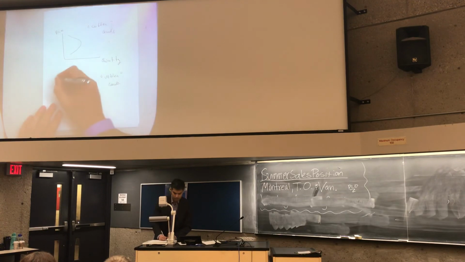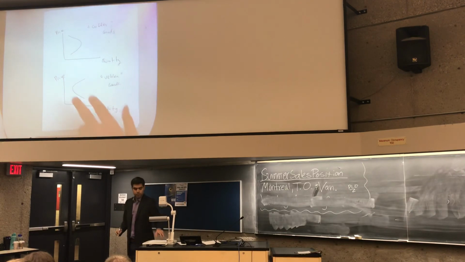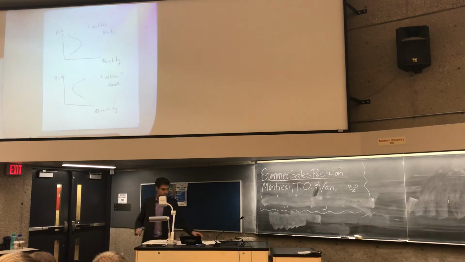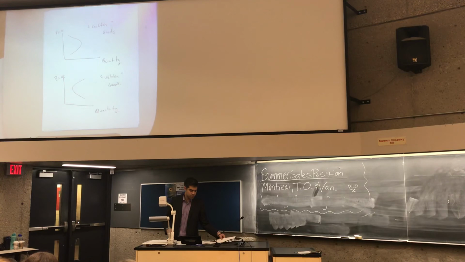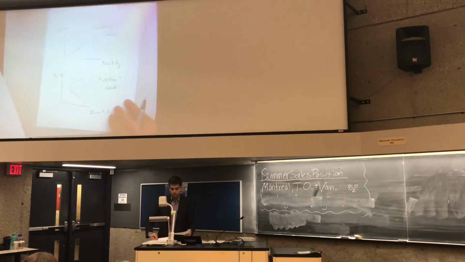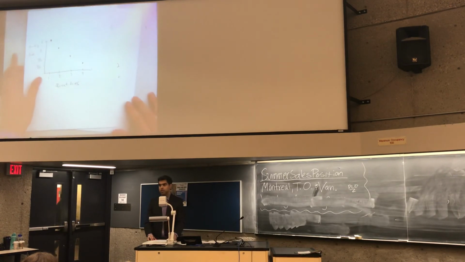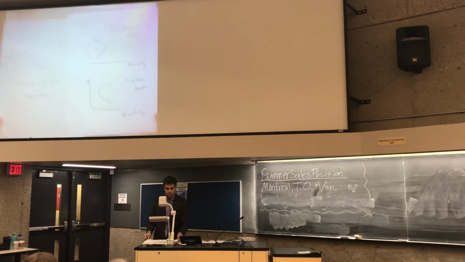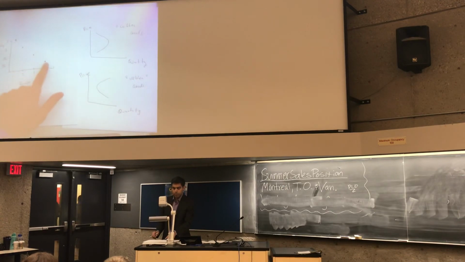Again, let's clarify, this is price. But let's remember the first graph we drew about ranked ends. What would it mean for your ranked ends to go backwards?